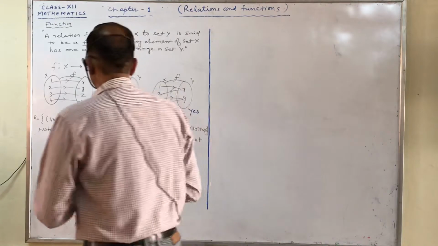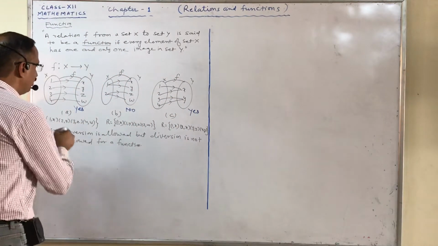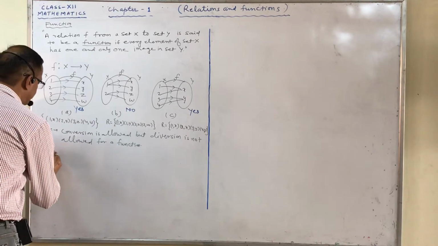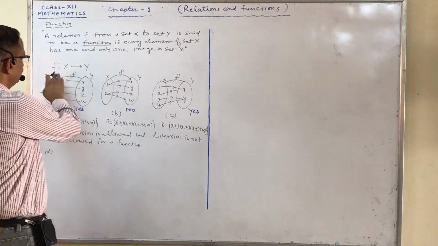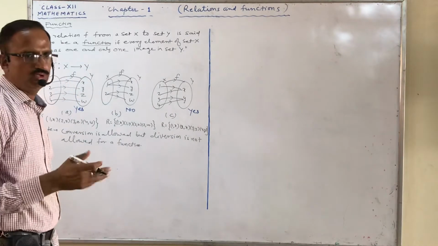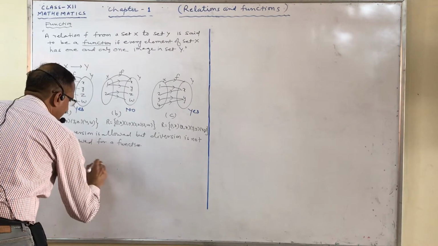Now, one more mapping I am drawing here. Suppose that is D. This is also a relation from x to y, like this.